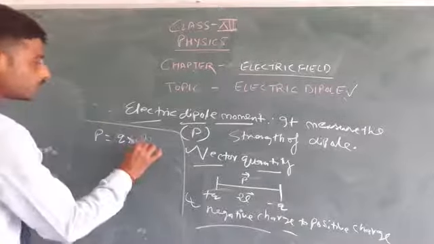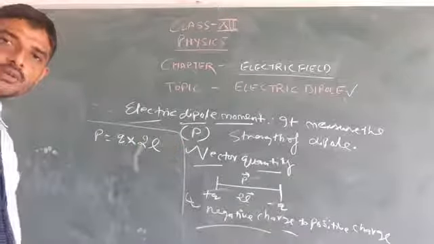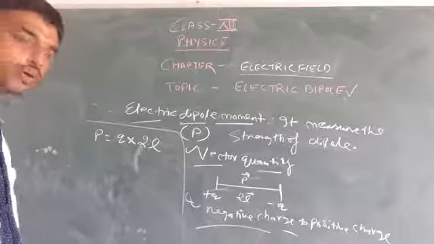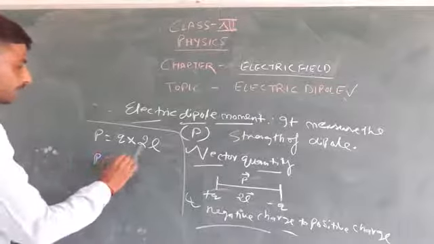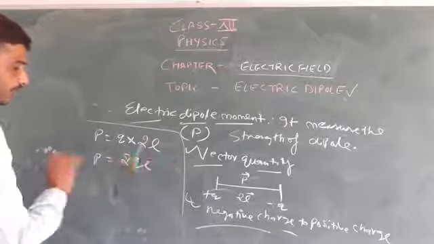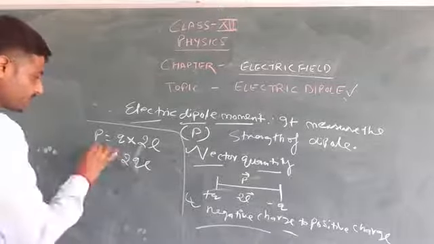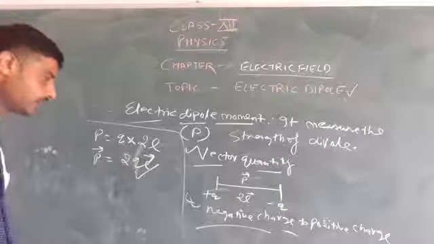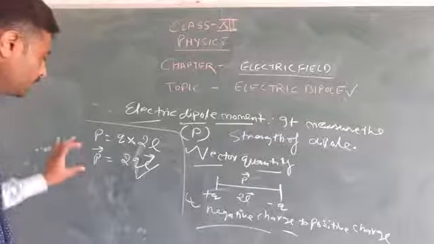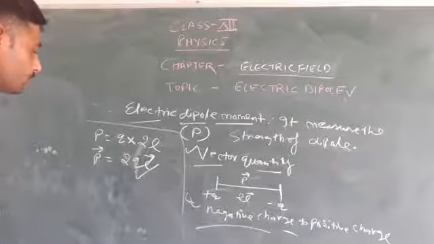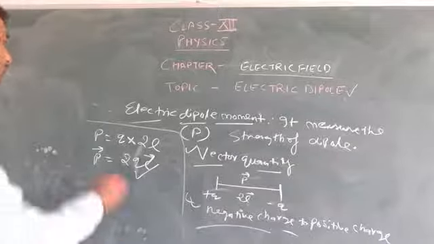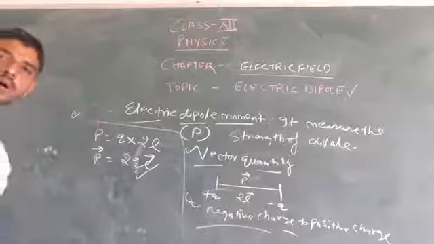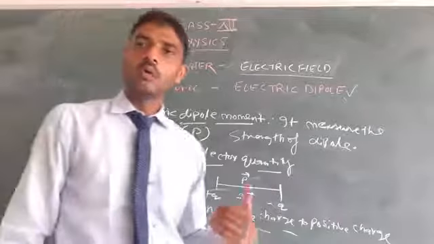It means 2l. So P equals q into 2l, so P equals 2ql. And this is a vector quantity. So the formula is P equal to 2ql. I hope you understand about electric dipole moment.